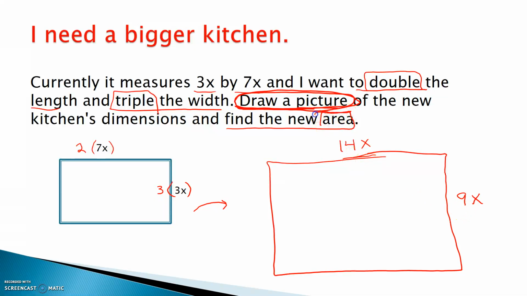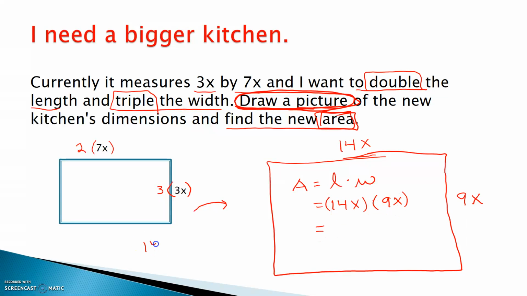But it also says find that area. How do I find area? Don't forget, for area we multiply our length times our width. What's my length? 14x. Times, what's my width? 9x. So I have to multiply 14 times 9.